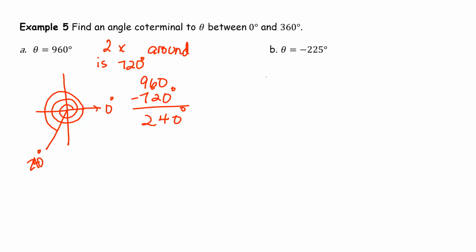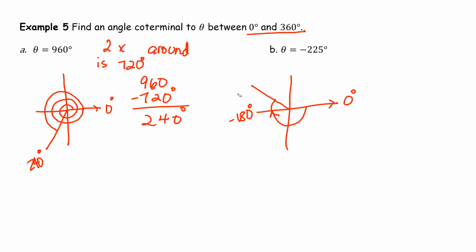So with negative 225, again, now this is a negative angle, but I want to get the angle that's between 0 and 360 that has the same terminal side. So negative 225, if I start here at 0 degrees, and I am going in the negative direction, which is clockwise, I'm going to go 90, 180, and how much further do I need to go to get to 225?